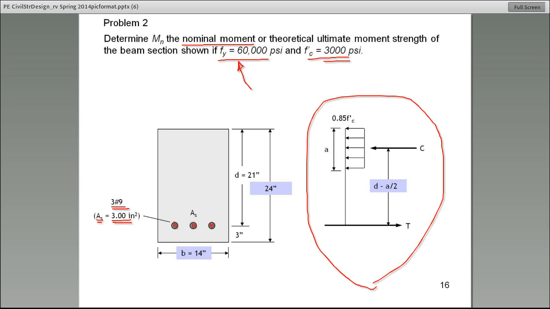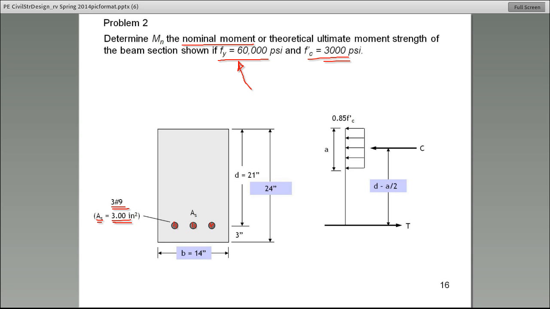And basically, that is the stress distribution on this concrete beam. What I want you to learn here is that every time you have a problem like this, just draw this line, the line as depicted.